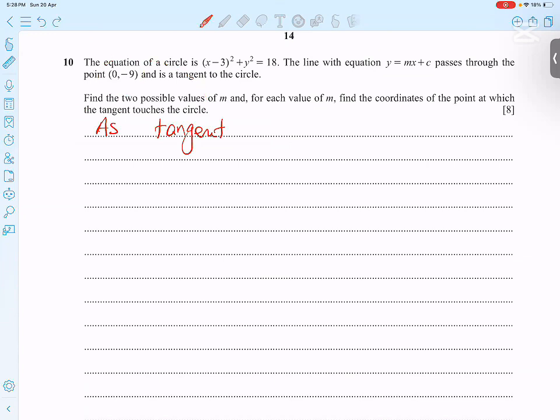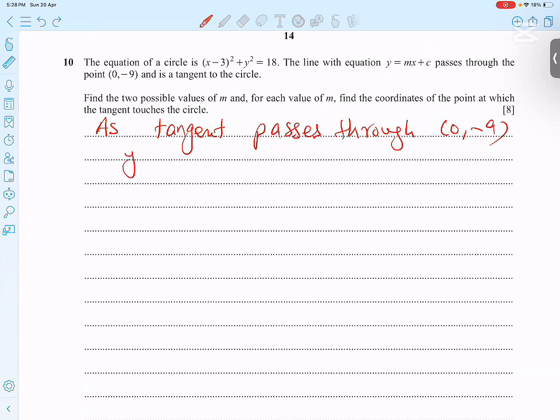As the tangent passes through 0, negative 9, x is 0, and y is exactly the y intercept. Is it directly the c value? But some students don't understand how the c value comes.